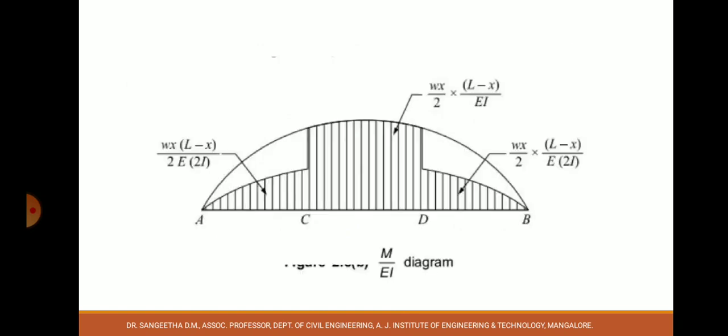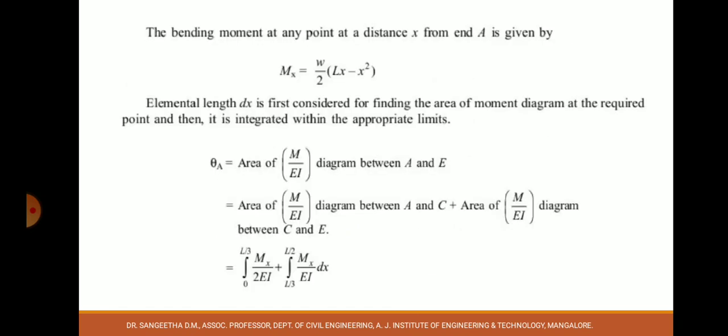If you simplify both, WL by 2 into x is the support reaction, and W into x square by 2. Simplifying, I will get the equation. You have to write it out separately so that you will understand this. So the moment about any section is given by this.